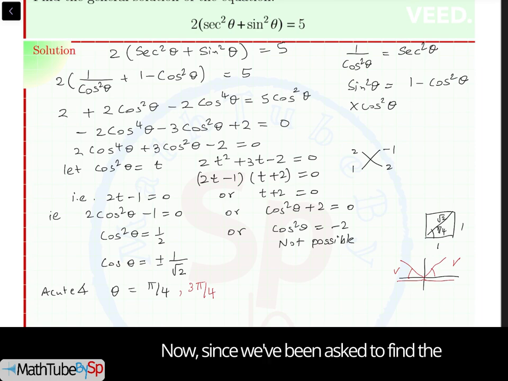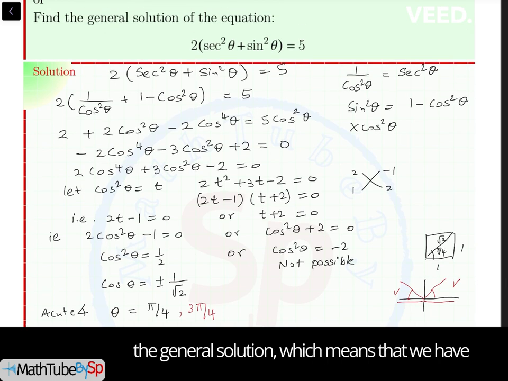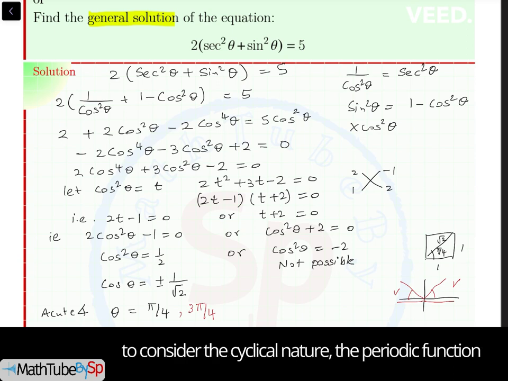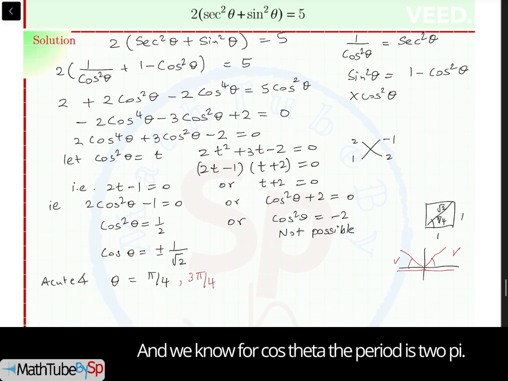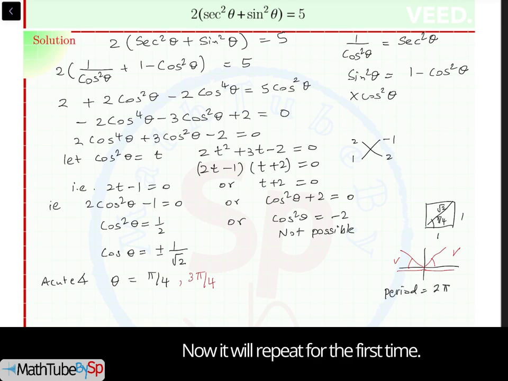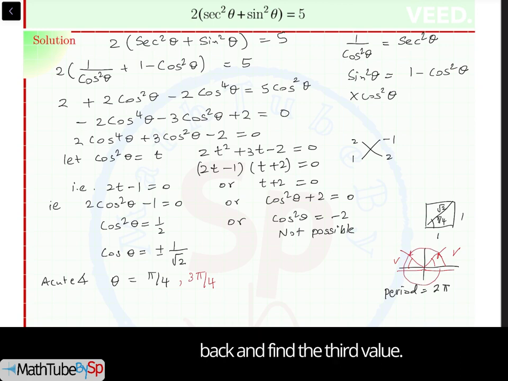Now since we've been asked to find the general solution, which means that we have to consider the cyclical nature, the periodic nature of the trig function, and we know for cos theta the period is 2 pi. Now it will repeat for the first time. Let's say we repeat the first value counterclockwise, the second value counterclockwise, and we go back and find the third value.